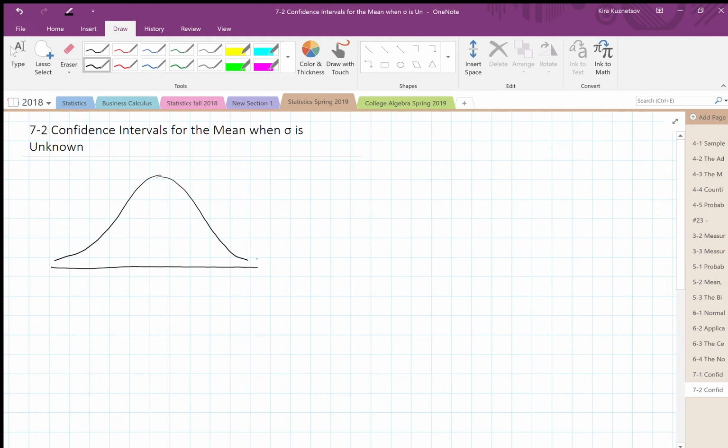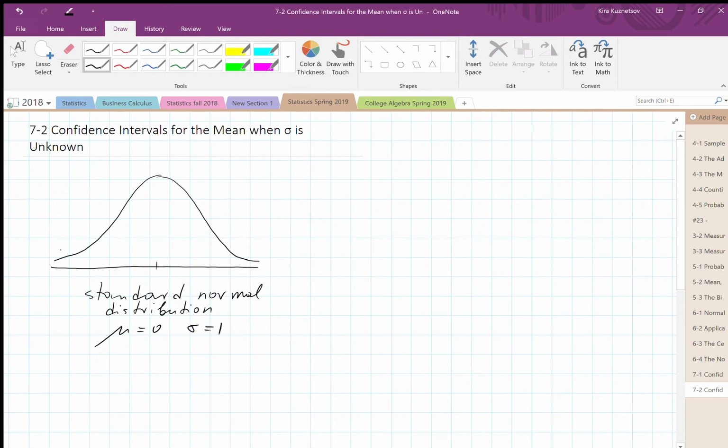The z-distribution, the standard normal curve, has a mean of 0 and a standard deviation of 1.